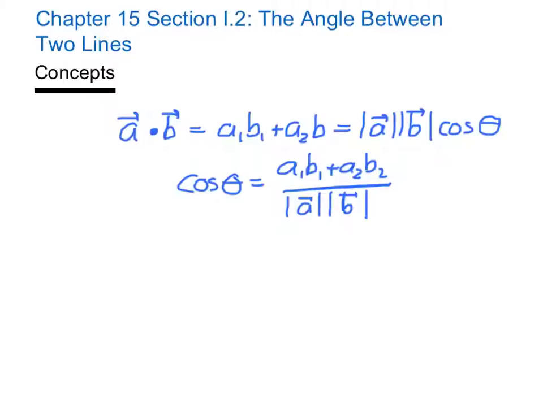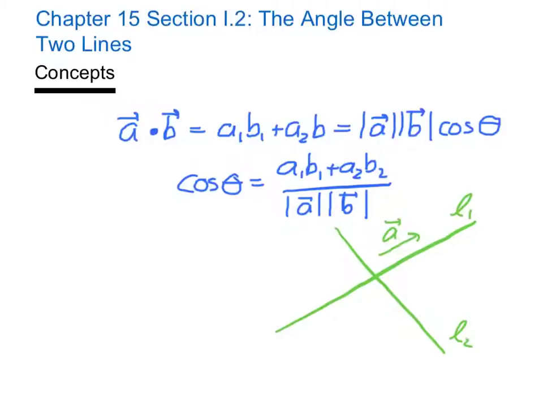Now we can use this equation to help us find the angle between any two lines. So let's say we have two lines which again stretch into forever, and we'll call this line 1 and we'll call this line 2. Well, lines aren't vectors, but we can come up with what we call direction vectors for each line.